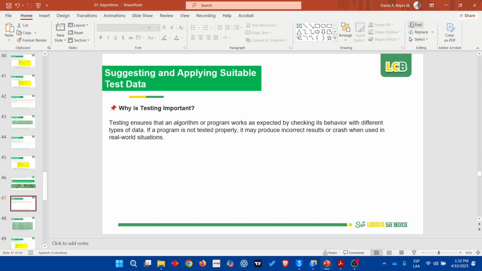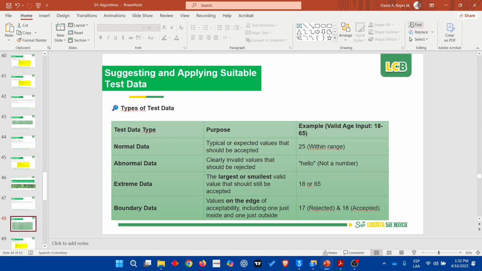If a program is not tested properly, it may produce incorrect results or crashes when used in real world situations. So you have normal data. Let's read the example. The example is that you are going to validate age between 18 and 65. Normal data, for example, you put 25, is inside the range. Abnormal data, instead of putting a number, you put letters.